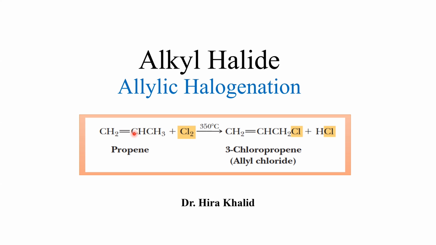First, you should be able to recognize what the allylic carbon is. One thing we have established is that when we treat alkenes at an elevated temperature, this is not going through the addition reaction, so there must be some reason why it is not giving the addition reaction.